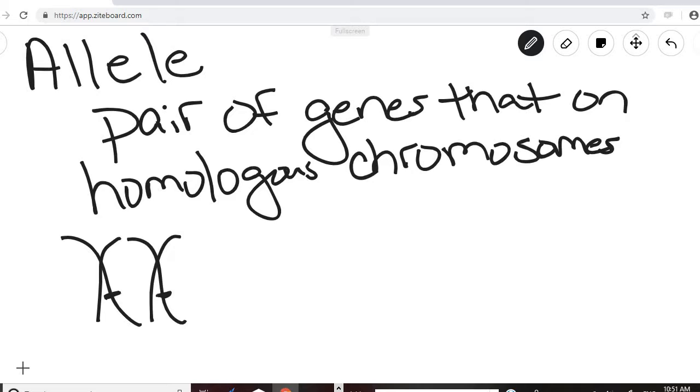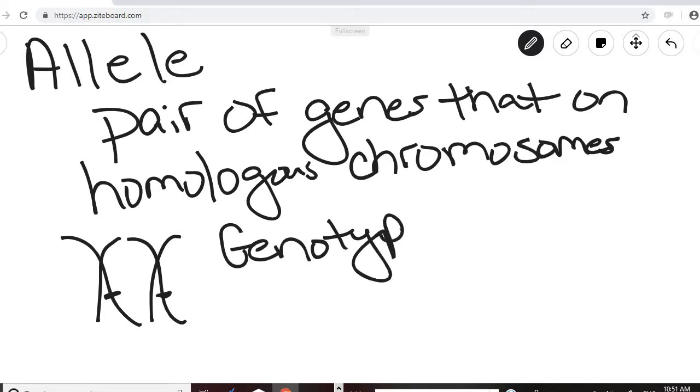And when we put the two alleles together, then we use the term genotype. So a genotype is made up of the two alleles.